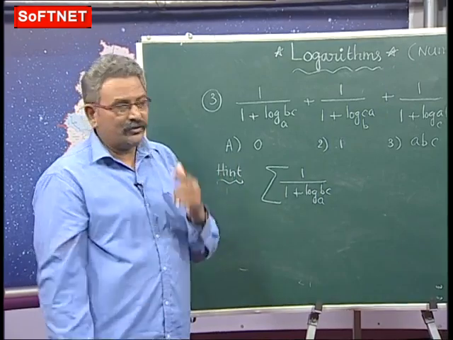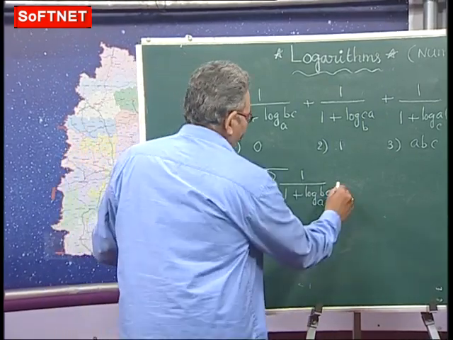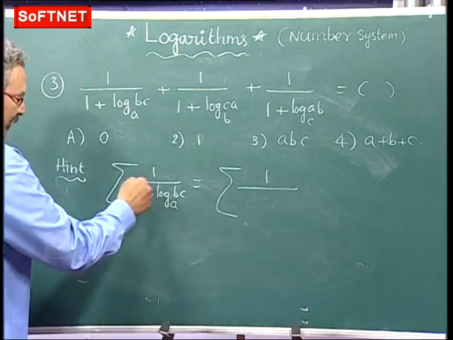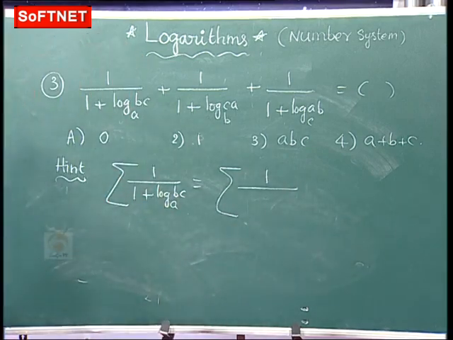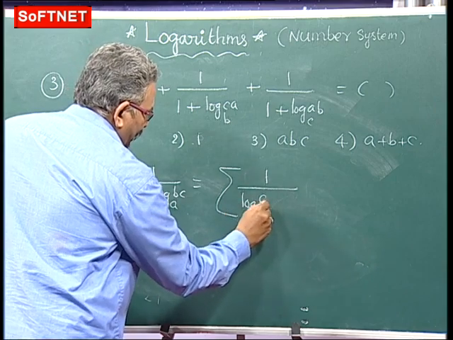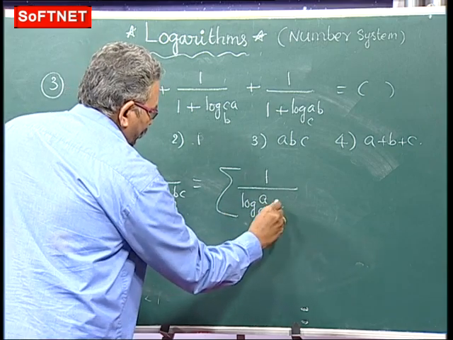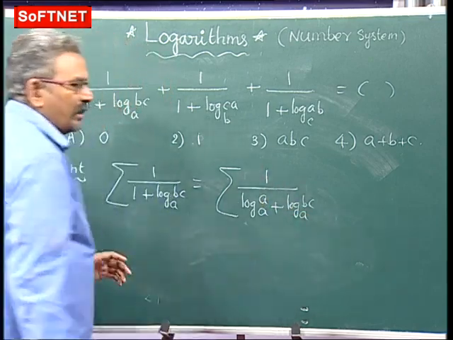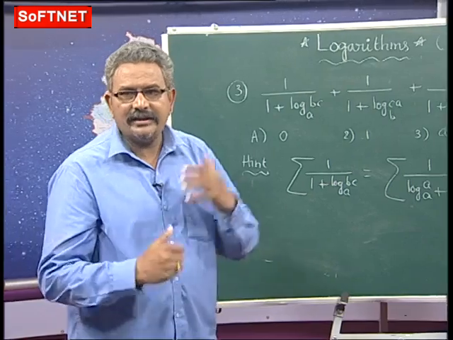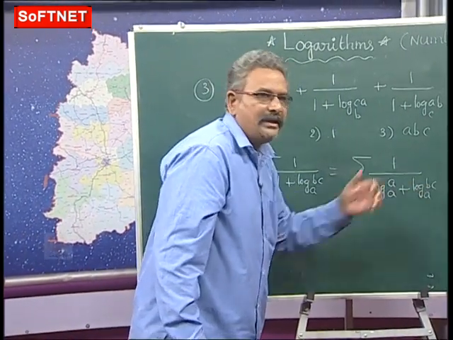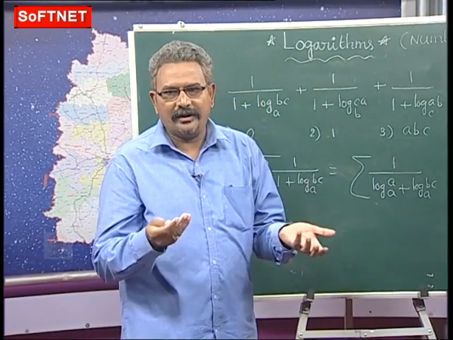Don't worry. So, now here this is sigma 1 by, the 1 can be replaced by log A base A, which is equal to 1. So, this is log A to the base A plus log BC to the base A. We have already discussed here, log A plus log B can be put in a single logarithm.